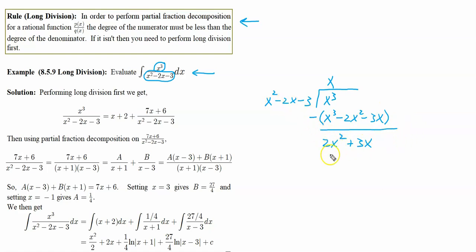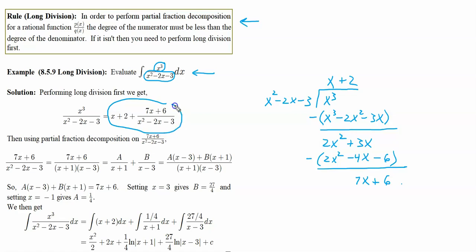And then we can multiply this by a 2 to drop out the 2x squared here. So the 2x squares drop out. 3x minus negative 4x is 7x. 0 minus negative 6. And there you go. And so you see how we get this right here.